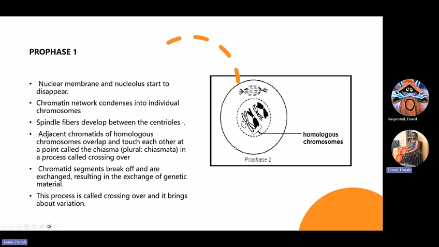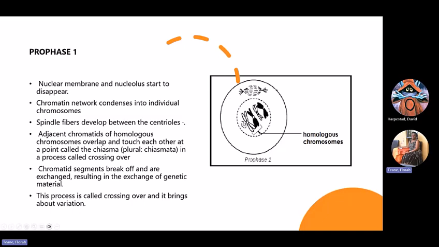So the chromatin condenses into chromosomes. They become chromosomes. And these chromosomes are paired. It's not a single chromosome. They are paired, and we refer to them as a homologous pair of chromosomes.